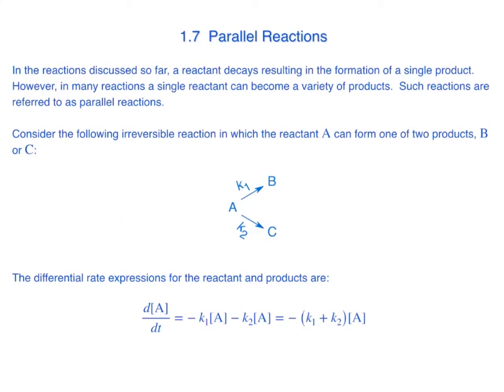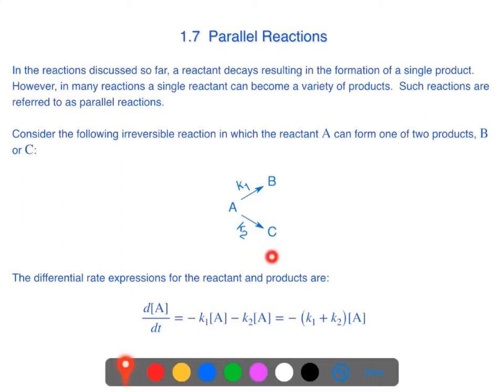So if we consider the following irreversible reaction, in which reactant A can form one of two products. It can form product B with a rate constant K1 or product C with a rate constant K2. As we've seen previously, the differential rate expressions for the reactant and product can be developed based on this particular scheme.